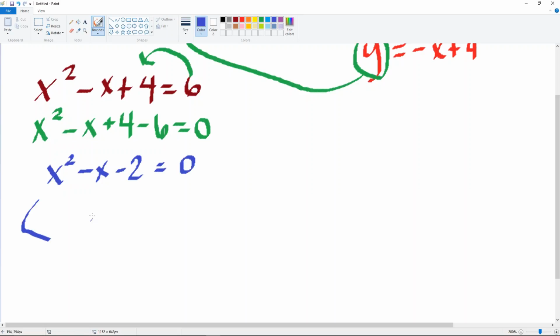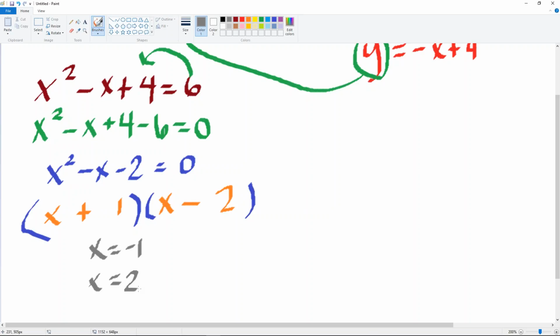This is factorable. 1 and 2, negative, positive. So you get x equals negative 1, x equals 2.